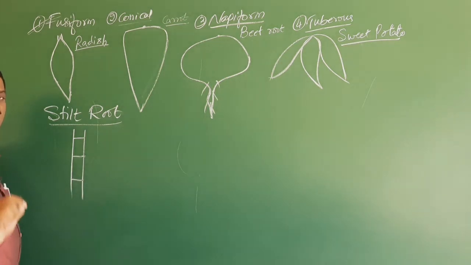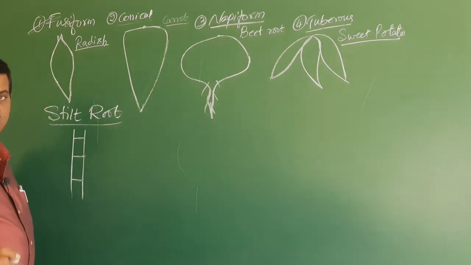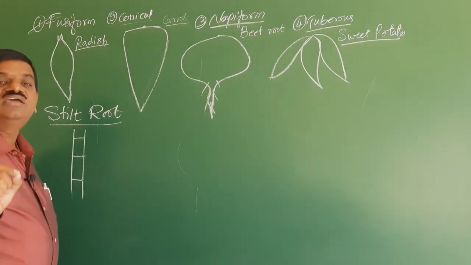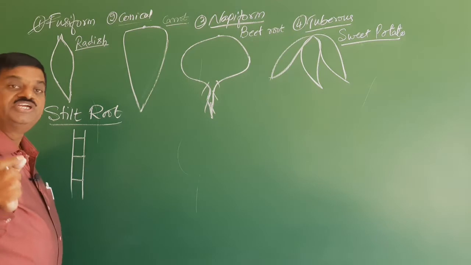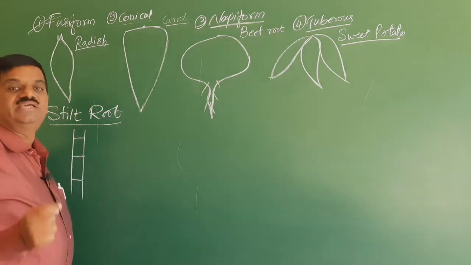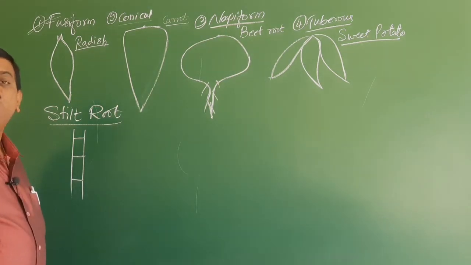Stilt roots are nothing but adventitious roots. The meaning of adventitious roots is that the roots arise other than from the radical. If the radical is giving rise to the root system, it should be either a taproot or a fibrous root system. If the root system originates from somewhere other than the radical, it is called adventitious.